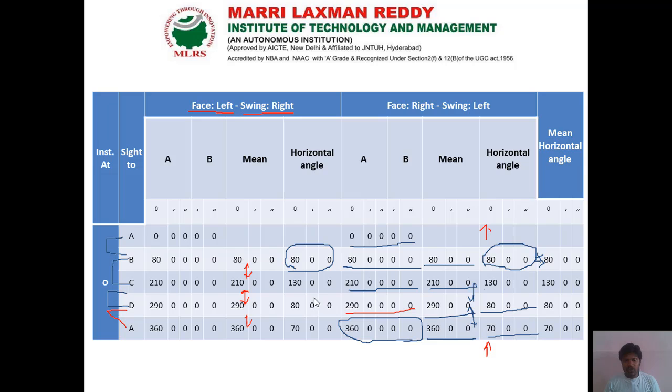The angles I am getting are: angle AOB is 80 degree, angle BOC is 130 degree, angle COD is 80 degree, and angle DOA is 70 degree. So this is my answer. This is the way I calculate the angle using the reiteration method.